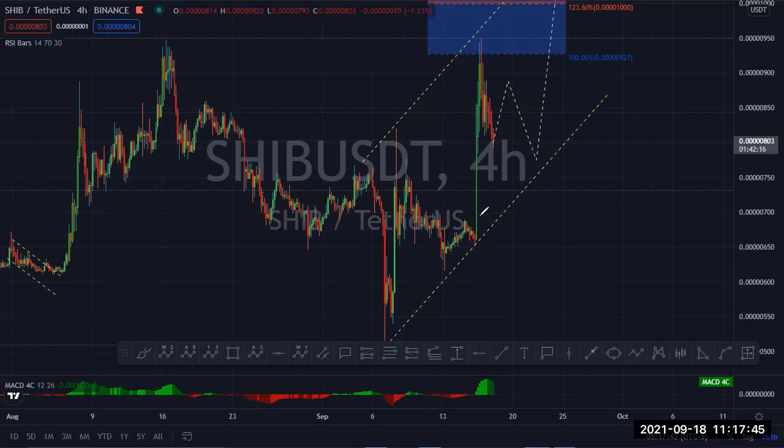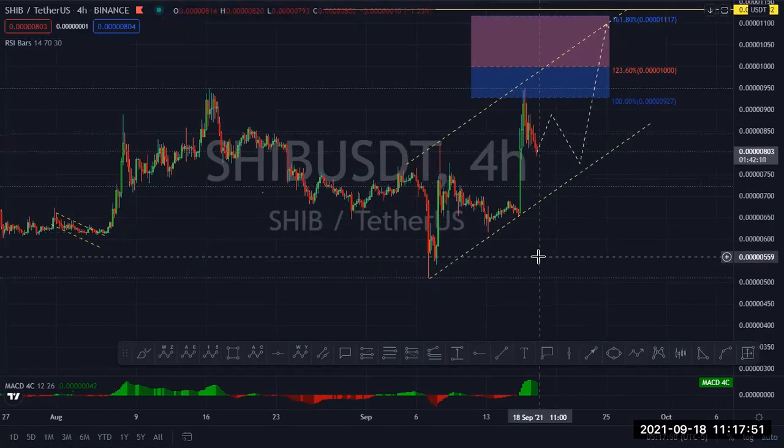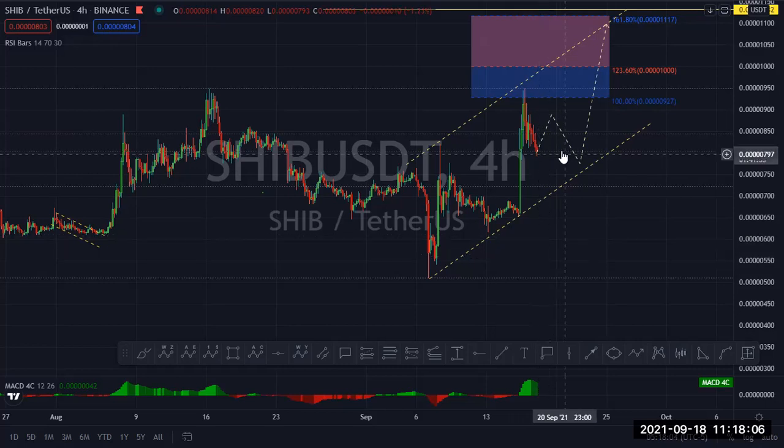Shiba, I don't know. I can't understand. Shiba is performing below expectation. I said it before, and I said it again. Shiba is performing below expectation, but meanwhile, technically, we are looking at this move.